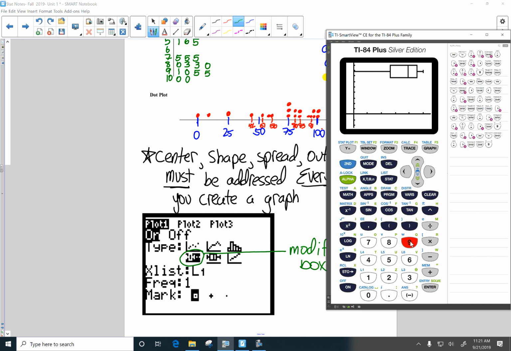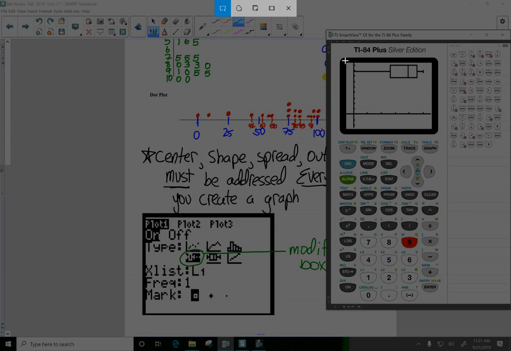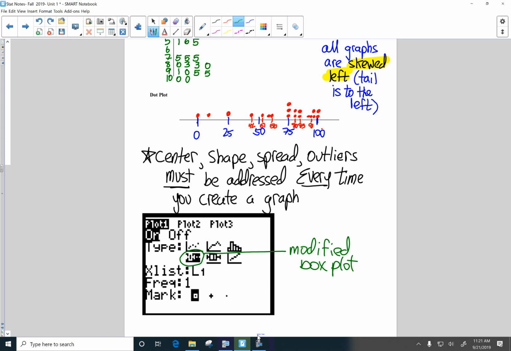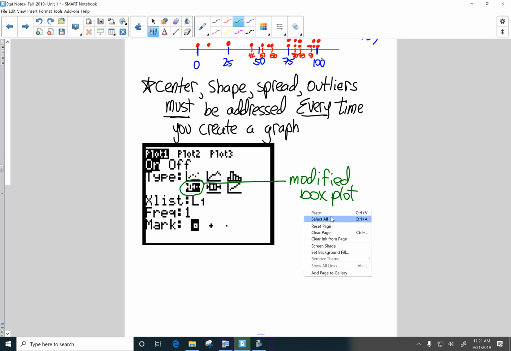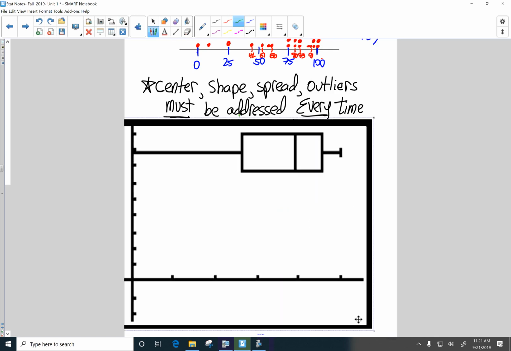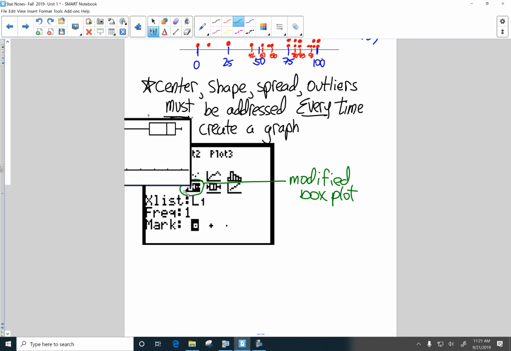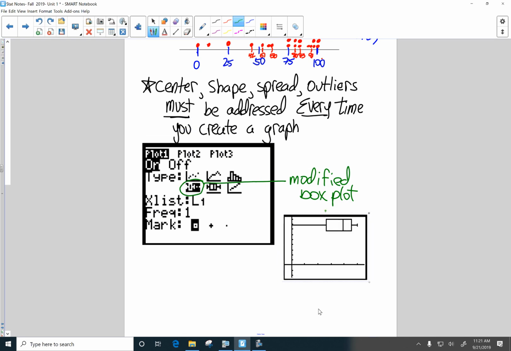Looks exactly the same. What did we do wrong? Nothing. Absolutely nothing. All right. So I'll explain. With a giant graph. Graph looks the same.